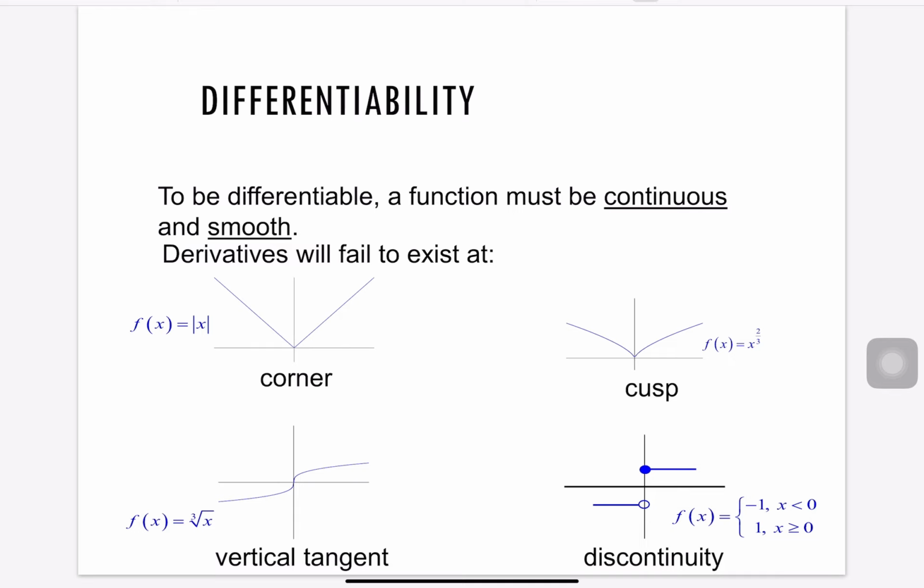For example, here it is a corner. We cannot take a derivative because it's not continuous and smooth. And as you see here, we can do this because it is continuous and smooth. We cannot do this and we cannot do this, but we can do this also. Then it's very important.